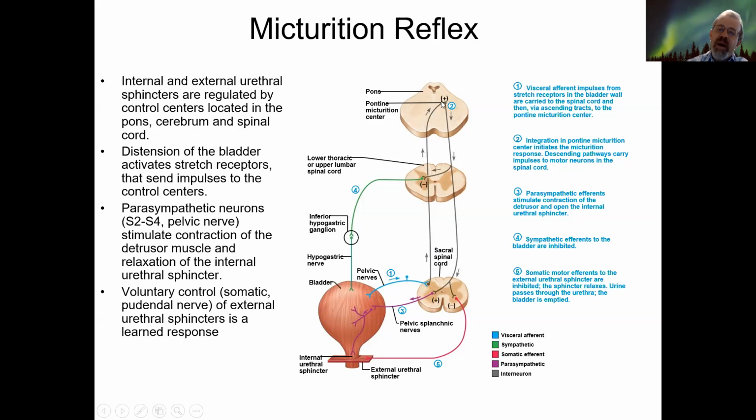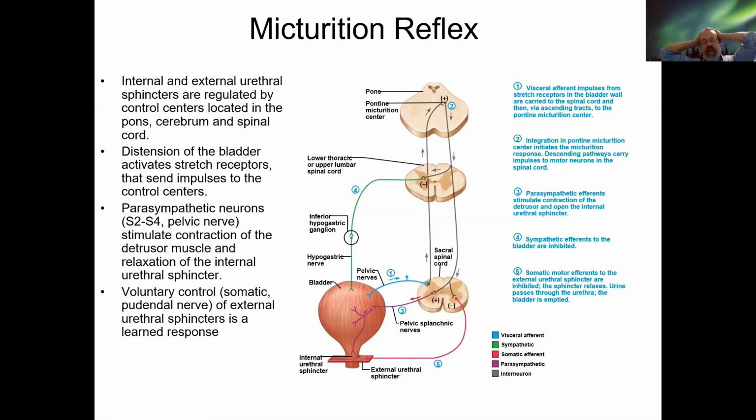From the pons, the neurons then come down via the parasympathetic pathway, innervating the detrusor muscle, causing the muscle to contract, and causing the internal sphincter to relax. The external sphincter is still in a contracted state, thanks to the somatic neurons, but these neurons are now inhibited, which frees the muscle to relax.